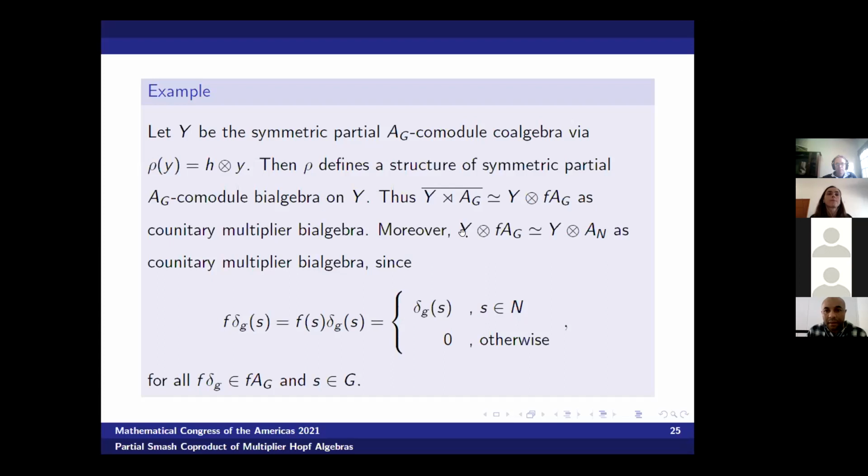And here, since we are considering this specific function that is defined using the subgroup of a group G, we have more specifically this isomorphism as counital multiplier bialgebra. This is the way that we are dealing with the functions, because the product in the multiplier algebra A_G is a pointwise product. So we have this expression that makes the calculations easier.